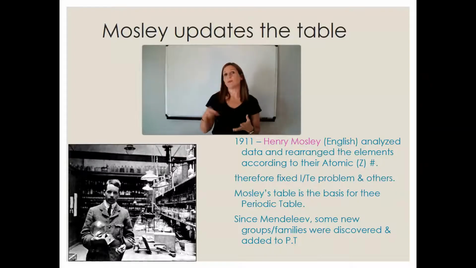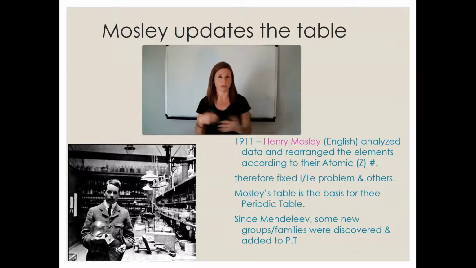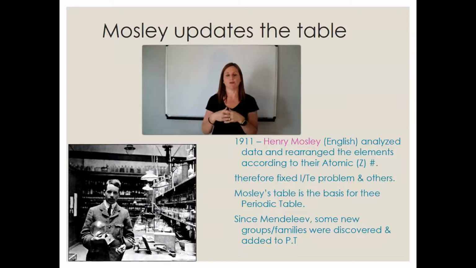Moseley rearranged the elements, and he decided to arrange according to atomic number instead of according to atomic mass. And what that did was it fixed the iodine-tellurium problem so that iodine fit in group 17 with fluorine as it should, and tellurium fit in group 16 with oxygen as it should. And so he sort of solved that one problem that Mendeleev had to sidestep.